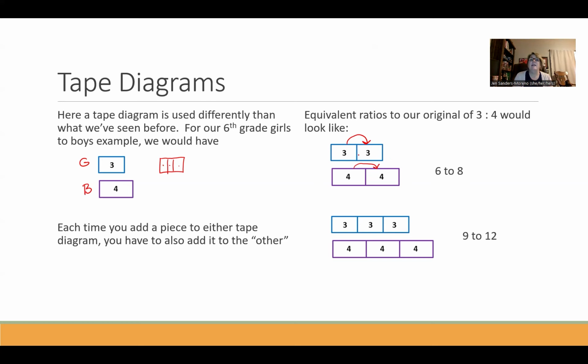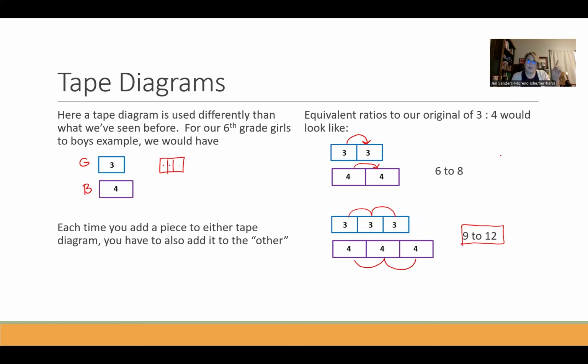So in this instance, an equivalent ratio of 3 to 4 is also 6 to 8. And as you can see down here, if we added a total of 3 boxes, then that means I have to have 3 4s. So this would be 3 plus 3 plus 3, or 3 times 3. And adding 4 3 times, and I get the ratio of 9 to 12. So these are all equivalent.